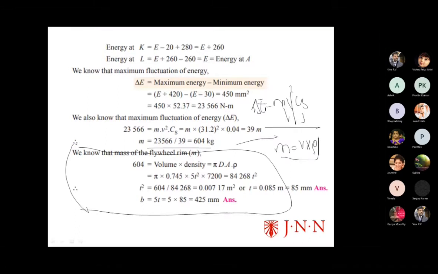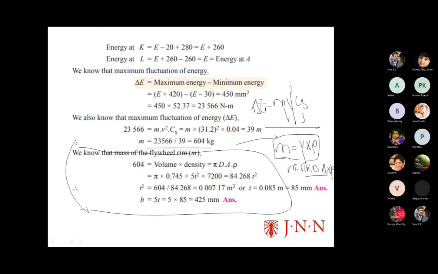So this is the formula for m, the mass value. But volume, what is it? The flywheel is a complete circle. So volume is pi d A, this formula for volume, and into rho. Actually the formula is m equal to rho into v, where v is volume and rho equals density. The density of the flywheel is given in the question.